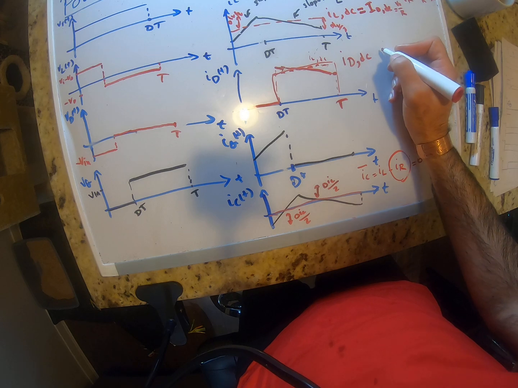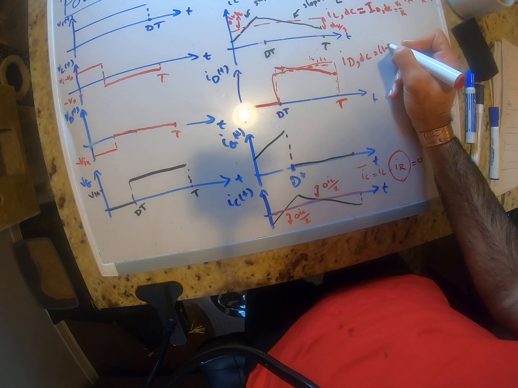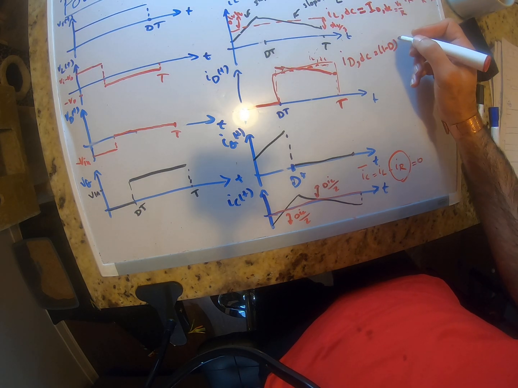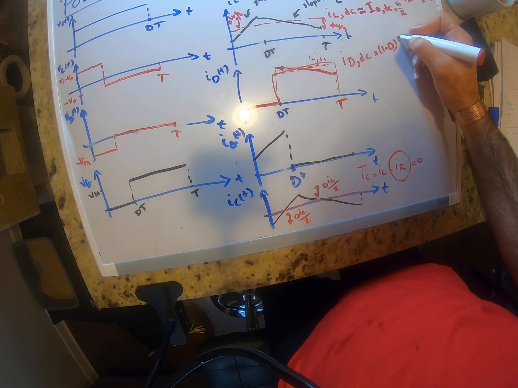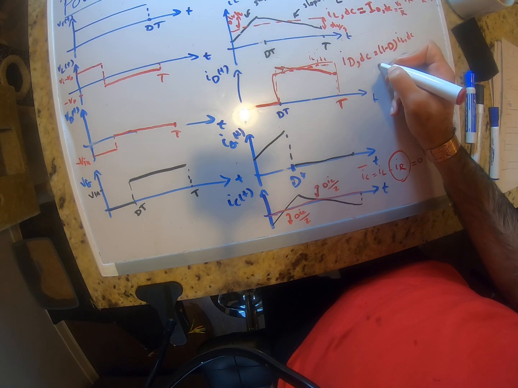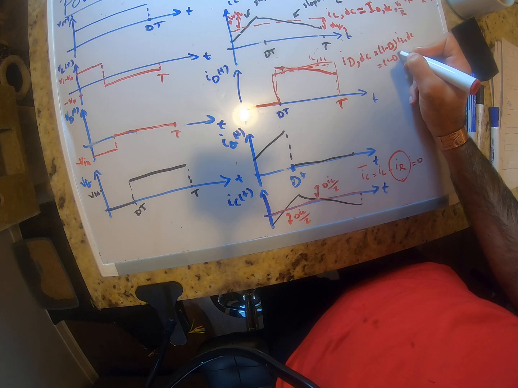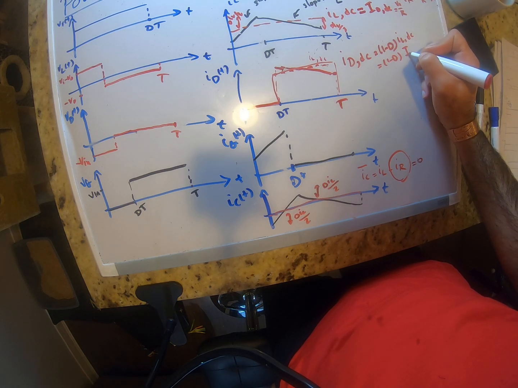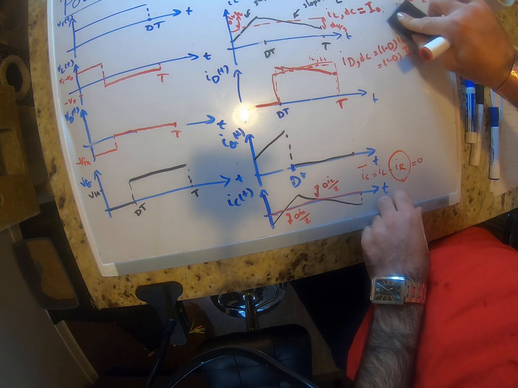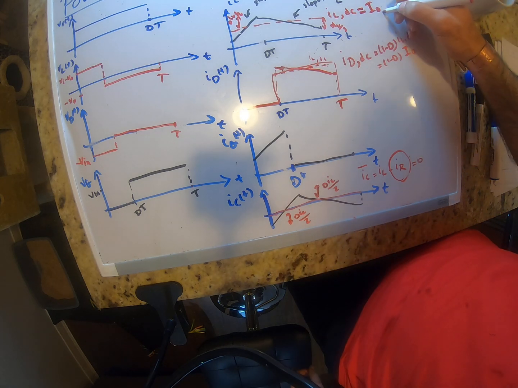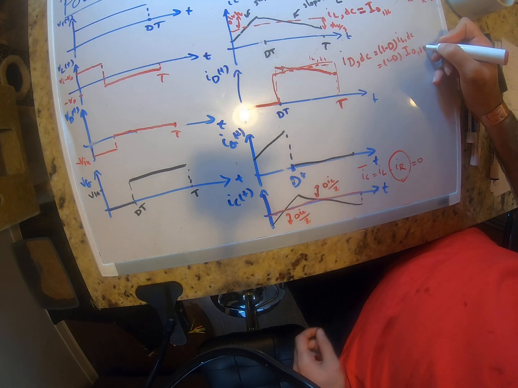So it's going to be 1 minus D times ILDC, which is the same as 1 minus D times IO. I'm just going to write everything in terms of IODC now.